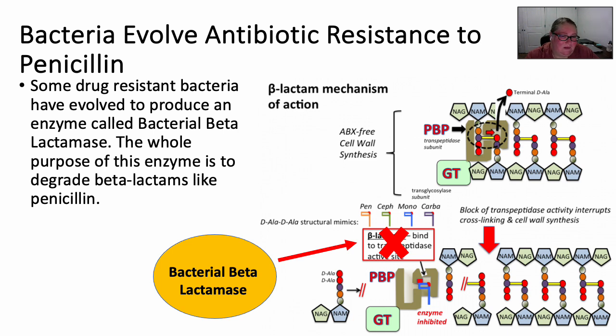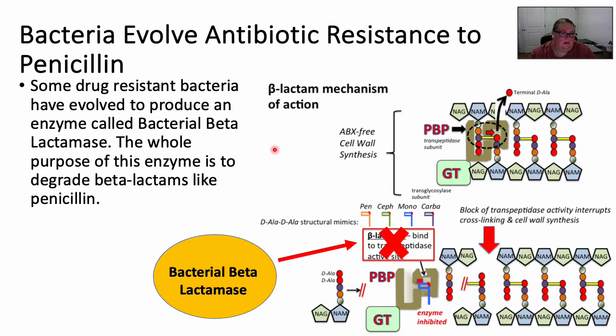So bacterial beta lactamase is going to stop this process here, and it's going to allow for cell wall synthesis. It's going to allow for this peptide cross-link to actually happen.